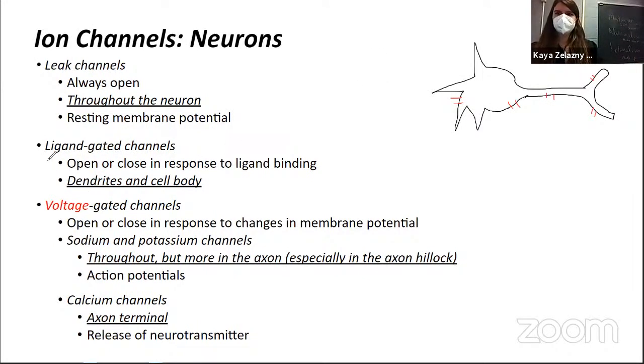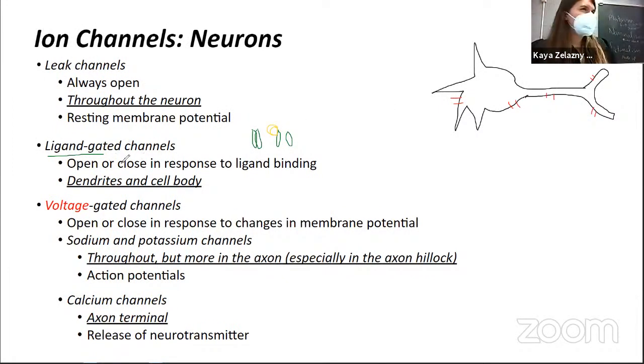Next, we'll have the ligand-gated channels, which work by having a closed state, and in order to open the channels, we have our molecule bind onto them. That's the ligand part. We can think of the thing that's binding on as a neurotransmitter, maybe some type of hormone.